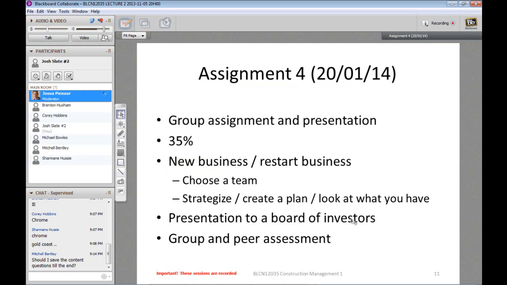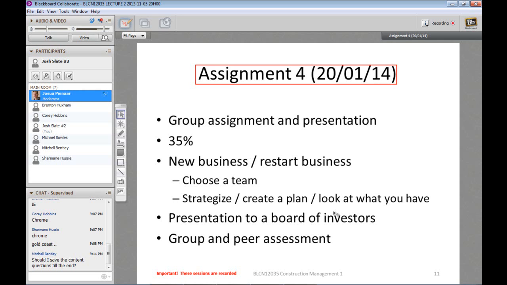All right, and then the other big assignment for this one is obviously number 4. Already there's been a little bit of communication on the website about that. Group assessment, difficult? Not really. It's up to you guys.